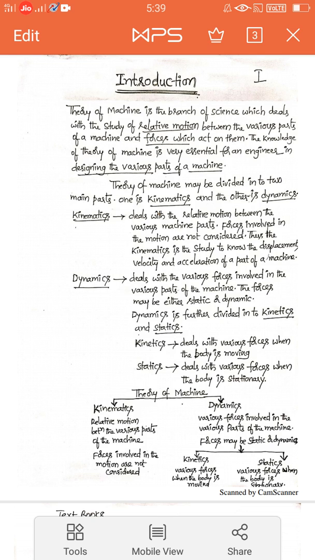Whereas in dynamics, the forces which are responsible for the motion of each and every part of a machine will be studied, where these forces may be either static or dynamic.